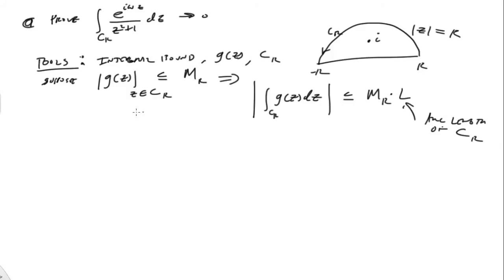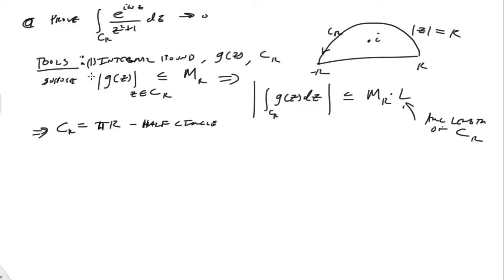In this case, L is pi times R, because it is a half circle of radius R. So there we go, that's the first tool.